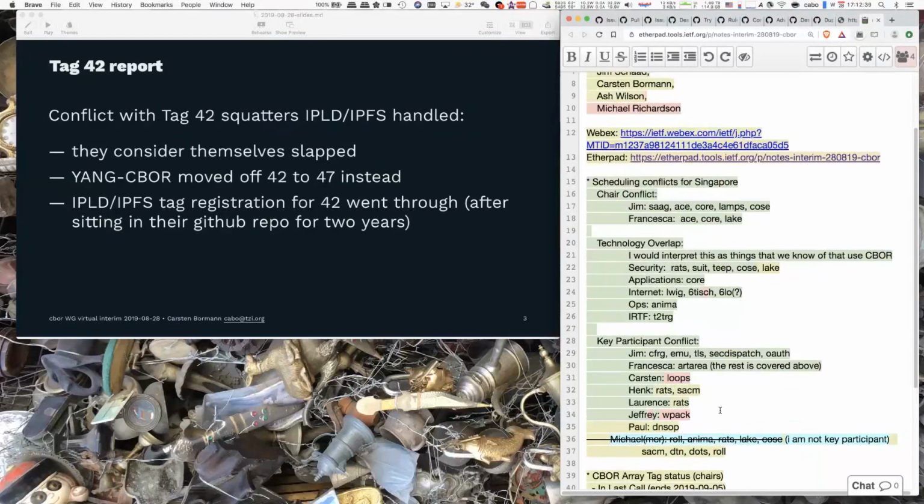Like this below are those that SACM, DTN, DOTS, and ROLL were those that were included in the previous list, and I don't know how relevant they are anymore. So I just want to check. Are these still relevant? But DTN has pretty much completed version 2 of the bundle protocol. Okay. But I think there are some interesting people from the DTN community, like the chair, what's his name? Taylor.